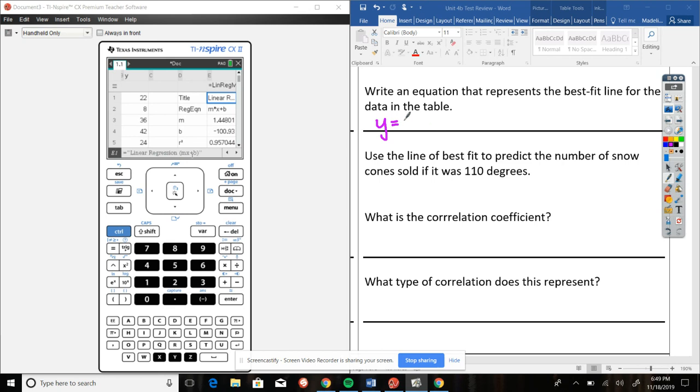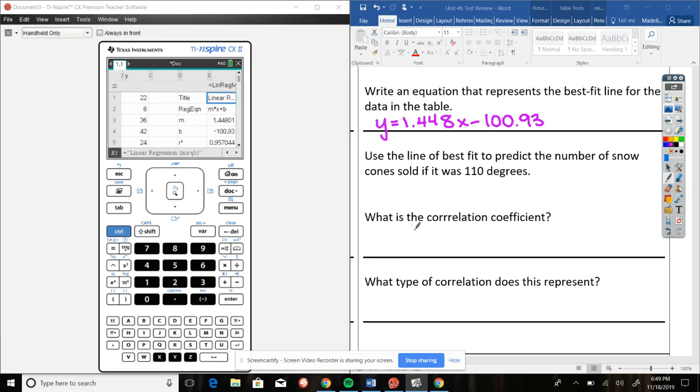So you need 3 decimal places. Then we put x, and our b value is negative 100.93. So I put minus 100.93. And that will be our equation for the line of best fit.